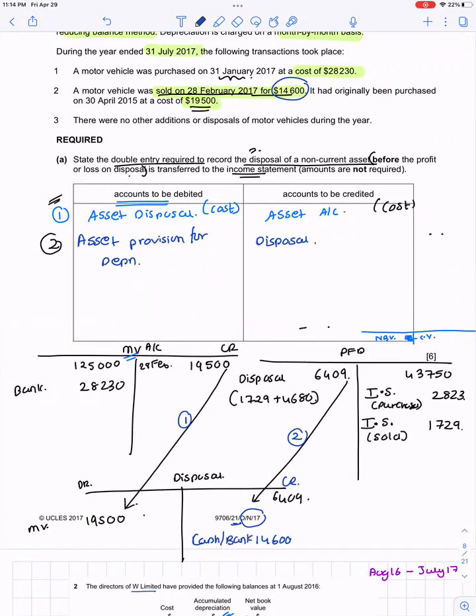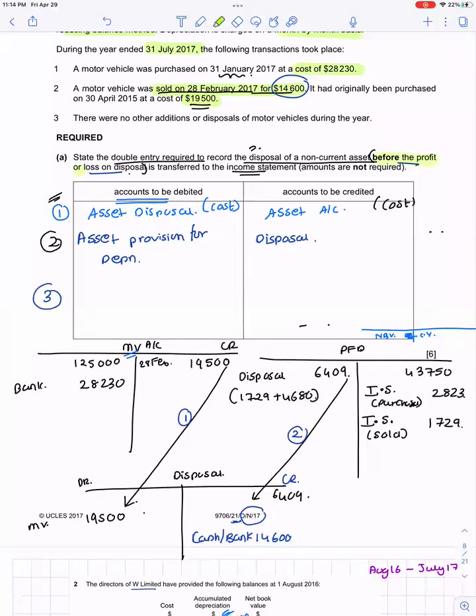The question says: state the double entry required to record the disposal of non-current assets before the profit or loss on disposal.